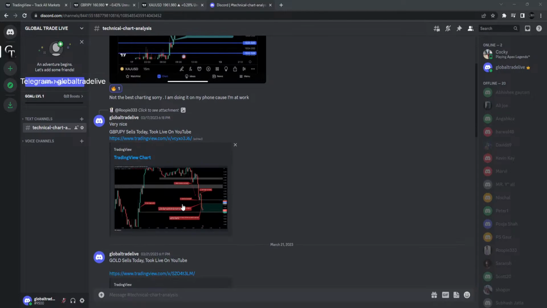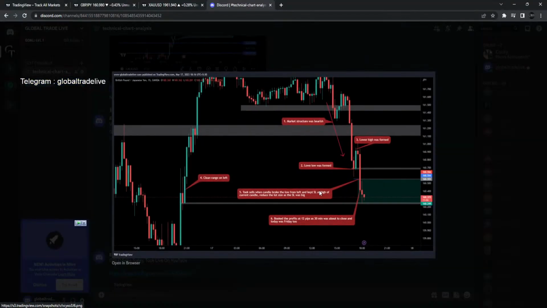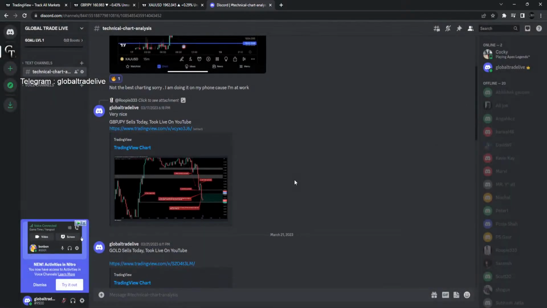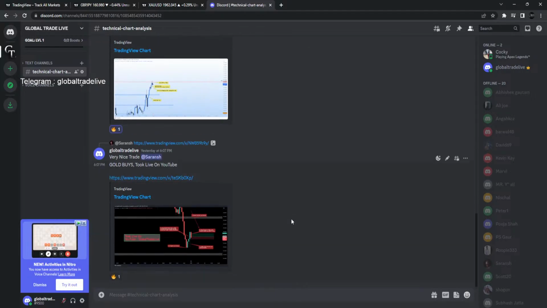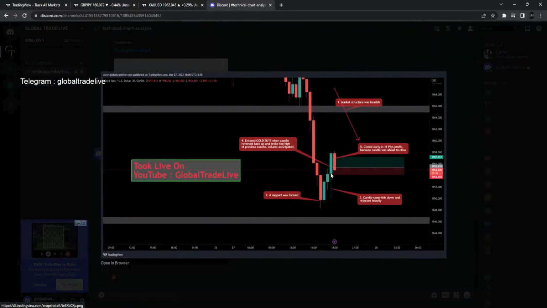These are my analyses as well, and everything is labeled, like why I took this trade. This is yesterday's gold trade, and this was the reason. The market structure was bearish, and you can just read and go through these analyses and learn something.